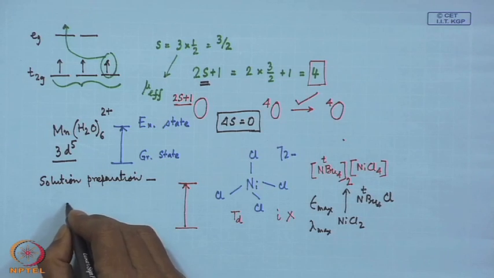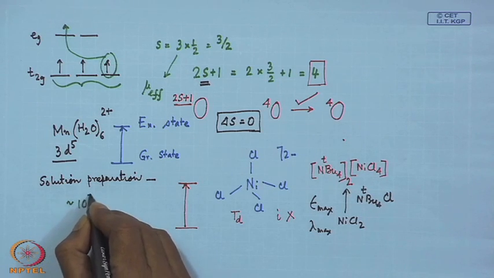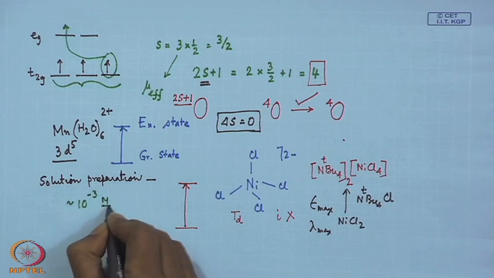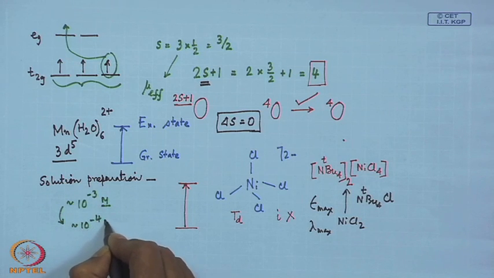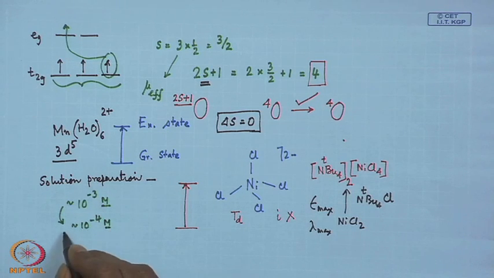Initially we make a solution of, say, 10 to the minus 3 molar, then we dilute it to 10 to the minus 4 molar, and then again we dilute it to 10 to the minus 5 molar.